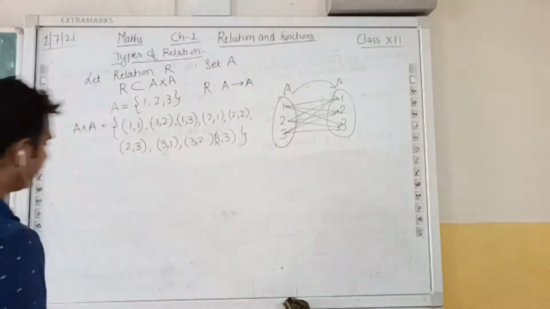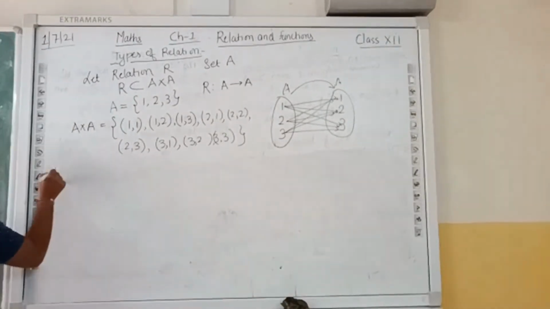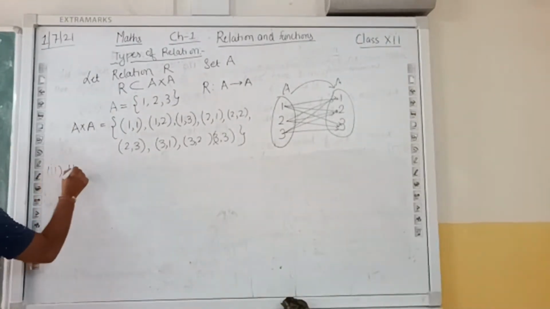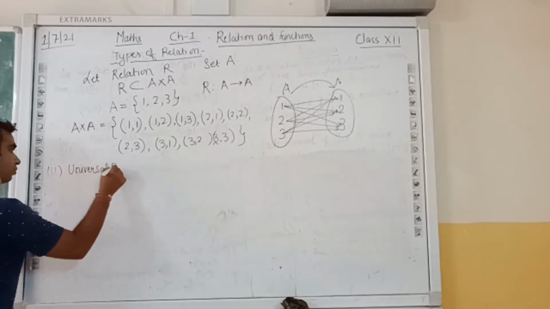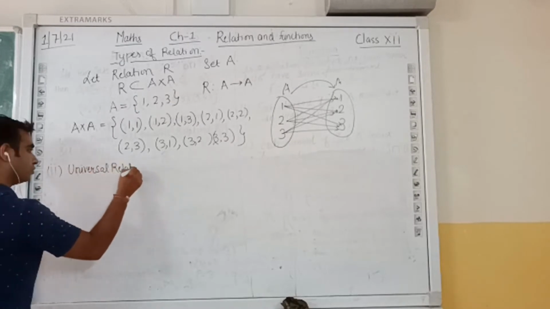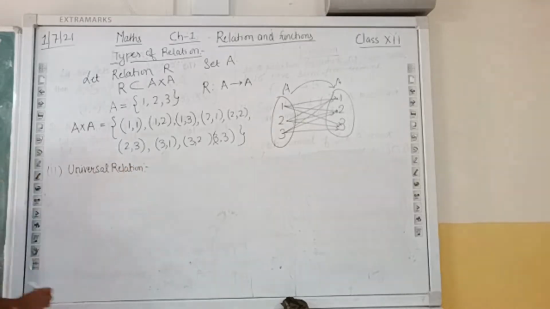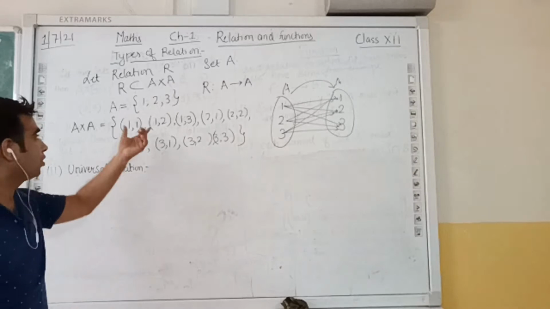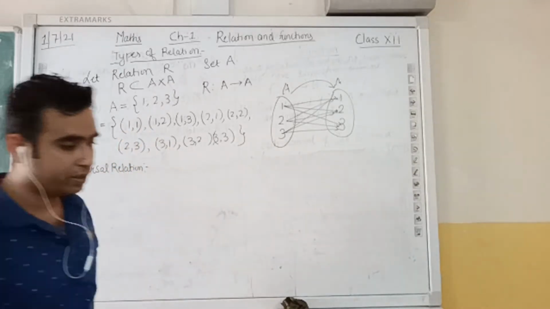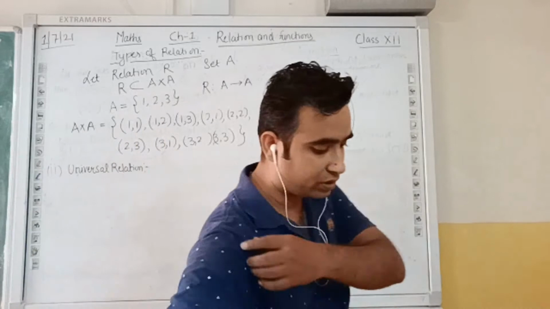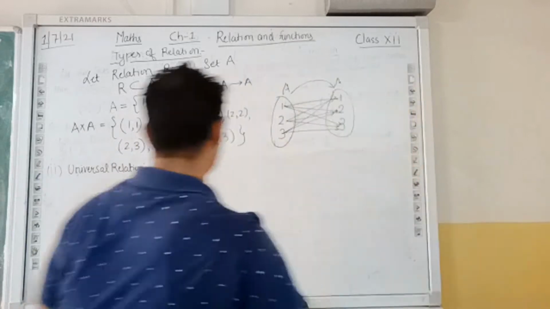Now the second relation is the universal relation. Universal relation means the set which gives us the complete Cartesian product in the relation. That one will be called a universal relation.